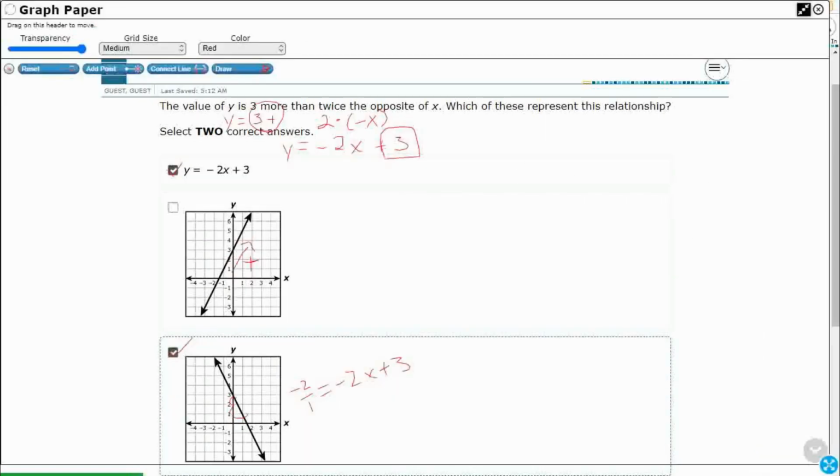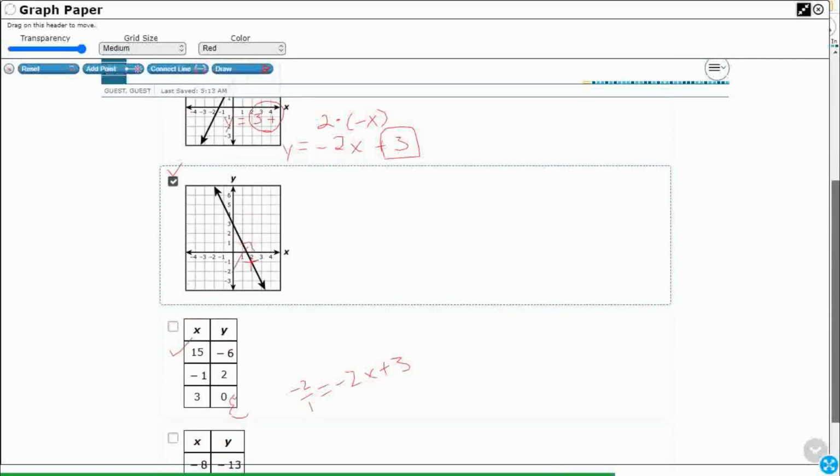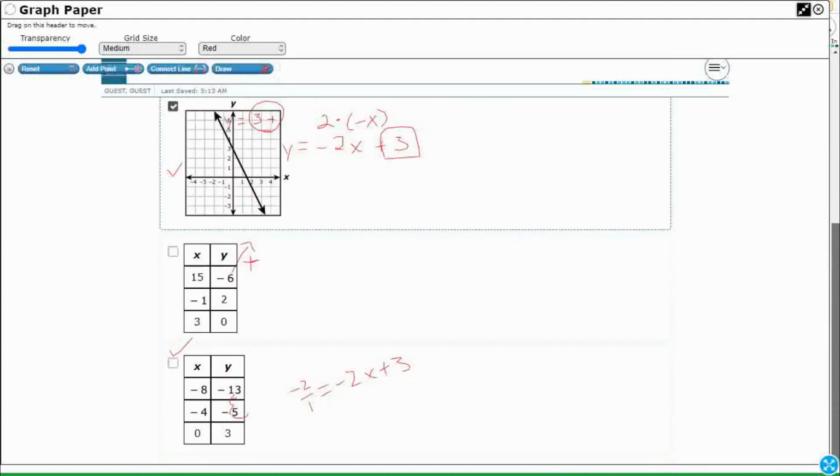But I do have two tables down below that I need to just show that they're incorrect, right? So let's do the rise over run here, okay? So I'm going to say it's 2 minus 0. I'm going to use those two. And then negative 1 minus 3. So that's going to be 2 over negative 4. That's going to be negative 1/2. Nope, so the slope doesn't work on that one.